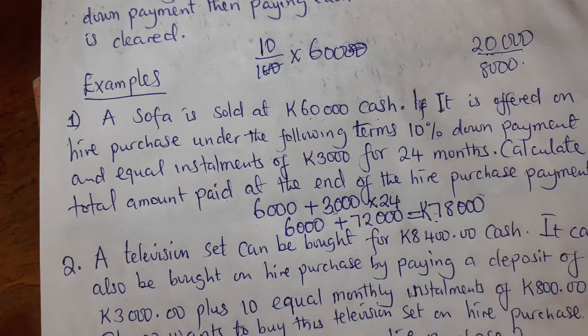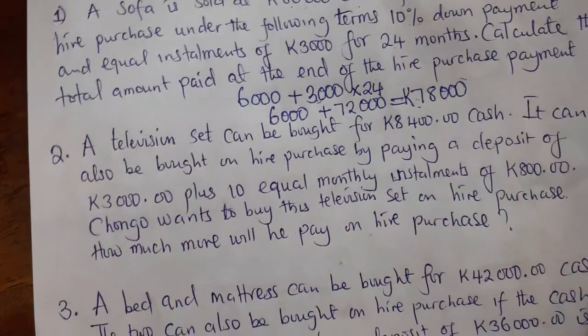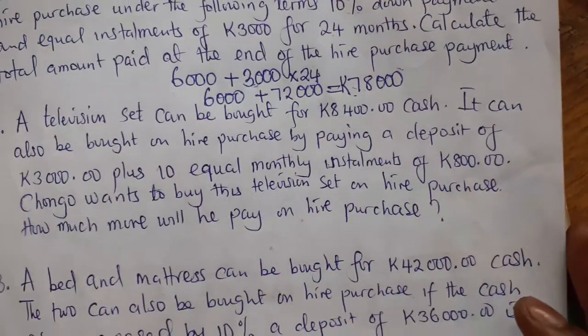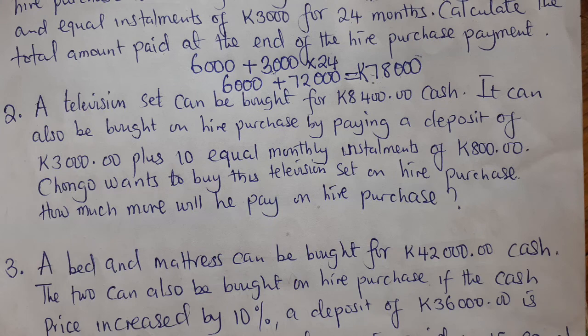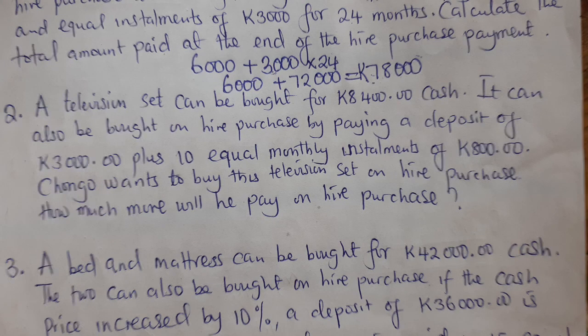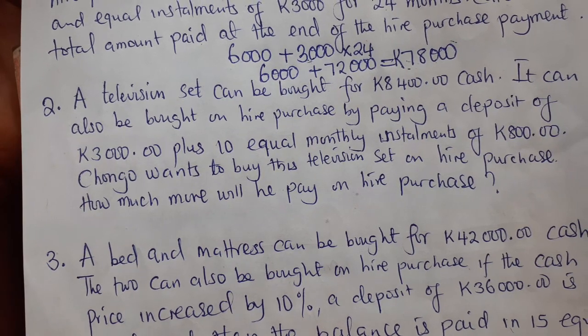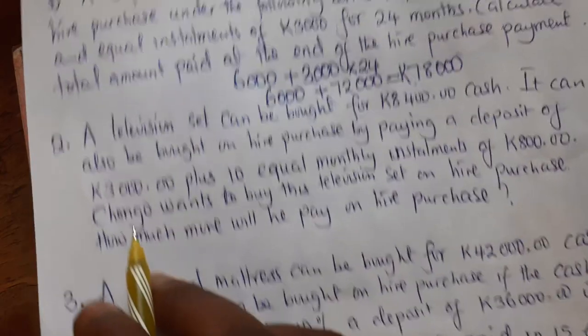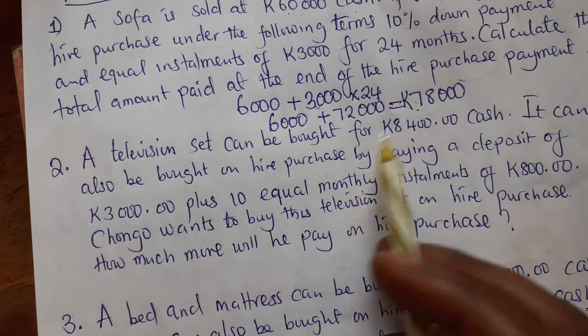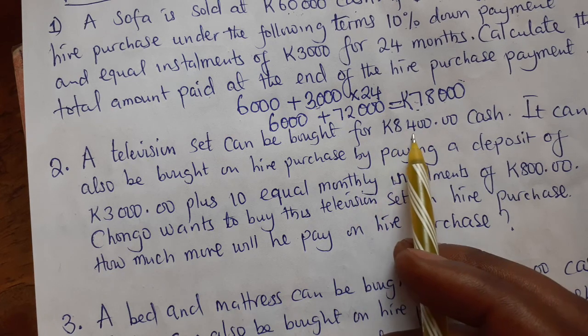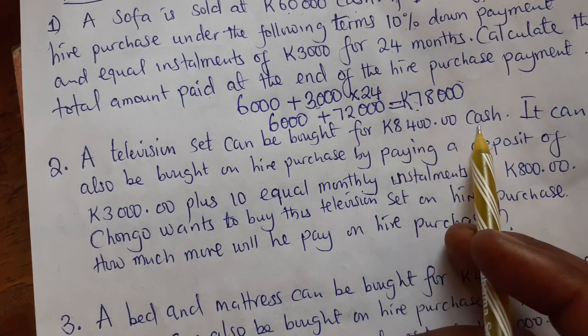All right. We go to the second question. You can also do this one. Just pause the video and solve the question even before we do it together so that we compare. A television set can be bought for 8,400 kwacha cash.